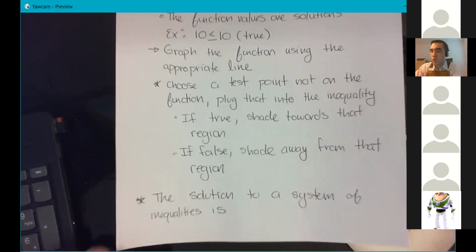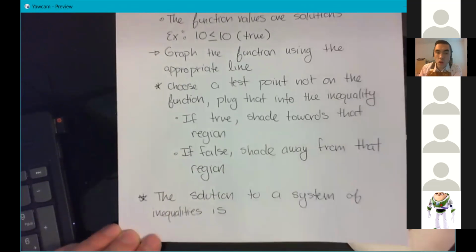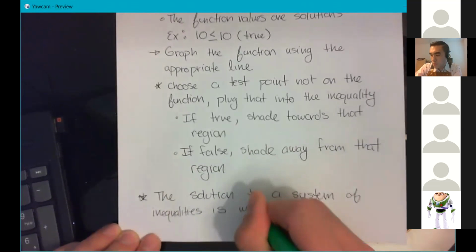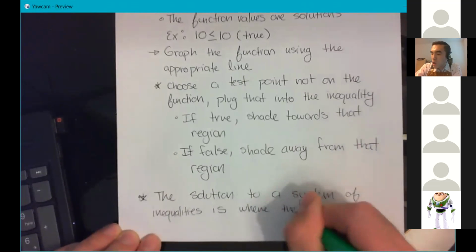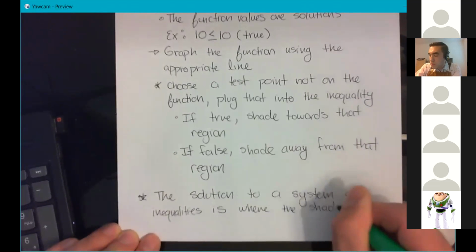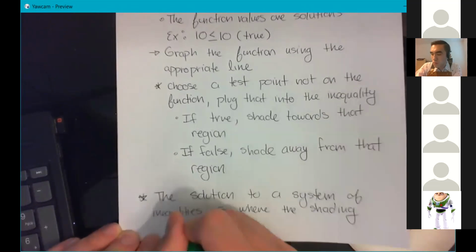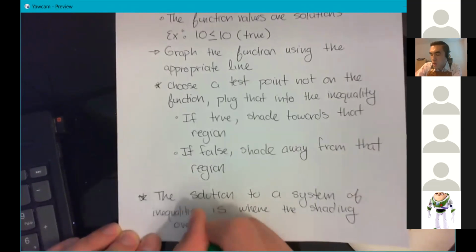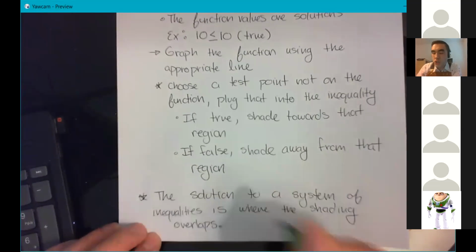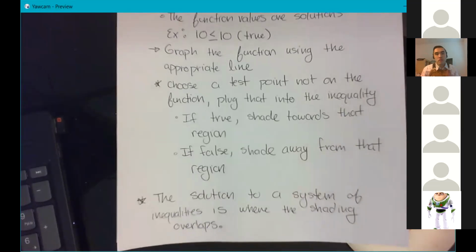Correct. The solution to a system of inequalities is where the shading overlaps. It's the same as saying it is the region of points where you could take any one of the points in that shaded region and plug it into every single inequality in the system, and it will give you back a true statement for all of those inequalities.